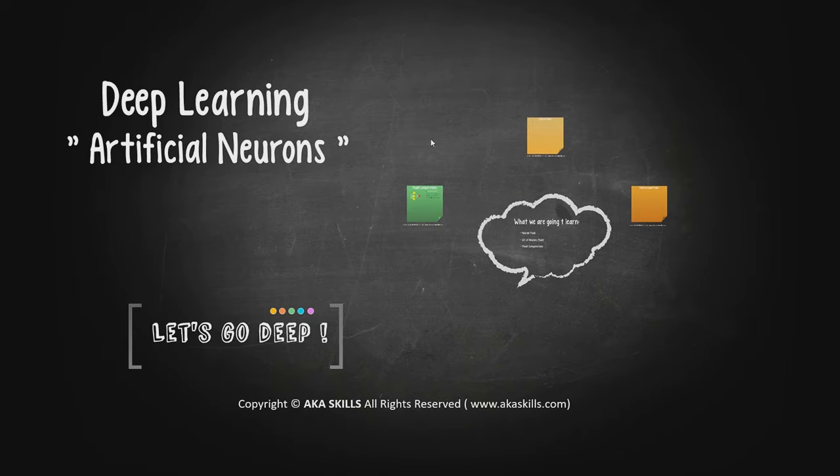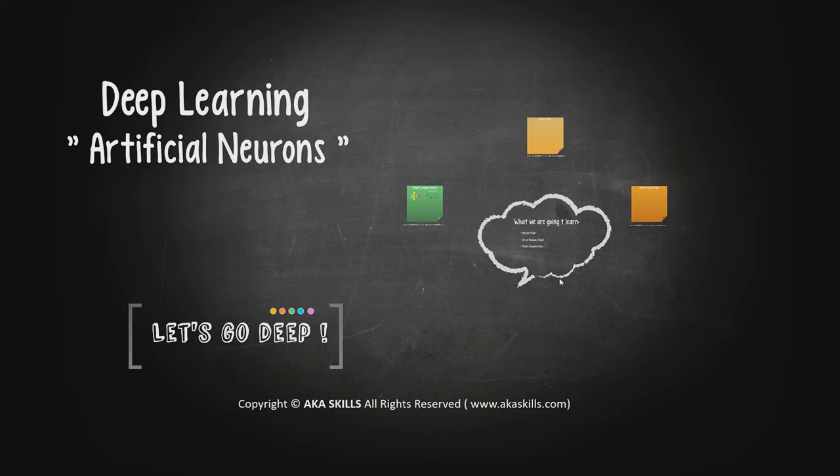In this video, as I promised you in the last video, after we saw how our neurons interact to generate an output in our brains, now we're going to see how we make an artificial brain that mimics our brains.